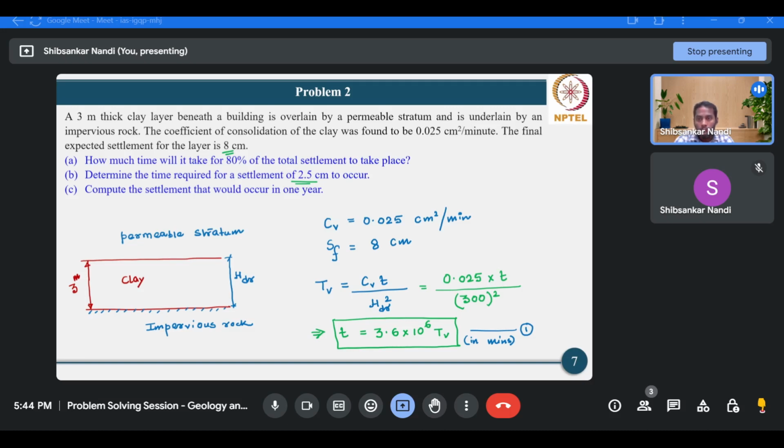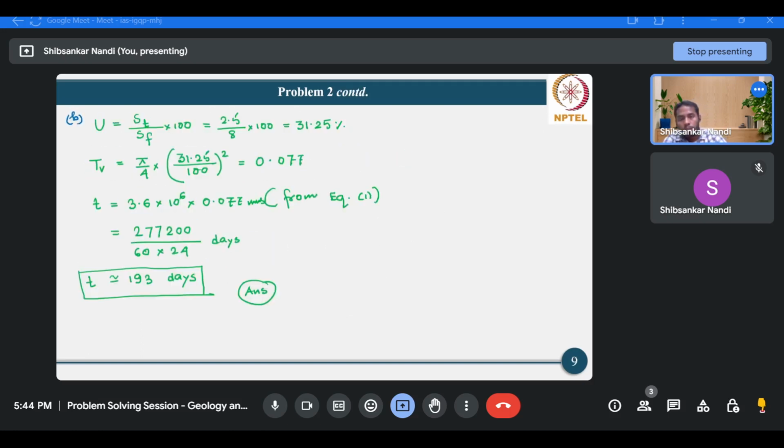Now, in the final question, it's a reverse scenario. Here, the time frame is given. We have to calculate the settlement. How much settlement will occur of the clay layer within this duration, or rather, at the end of this duration.